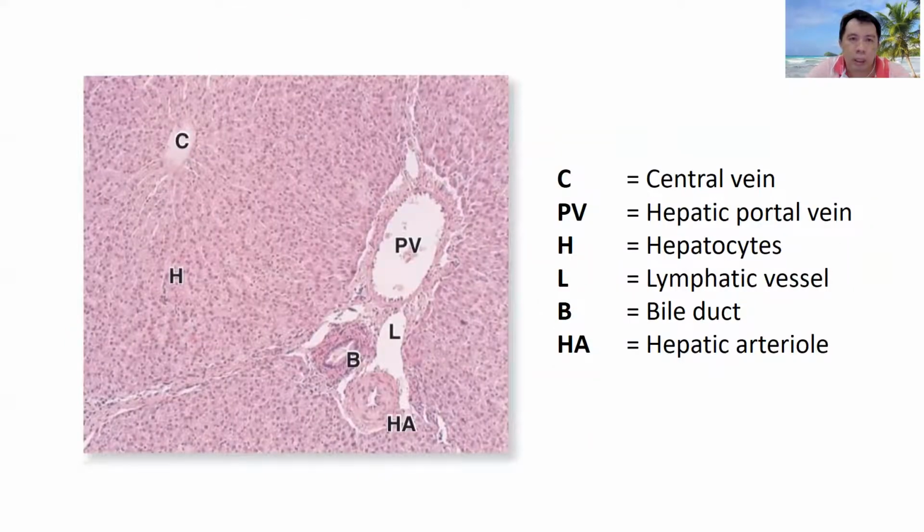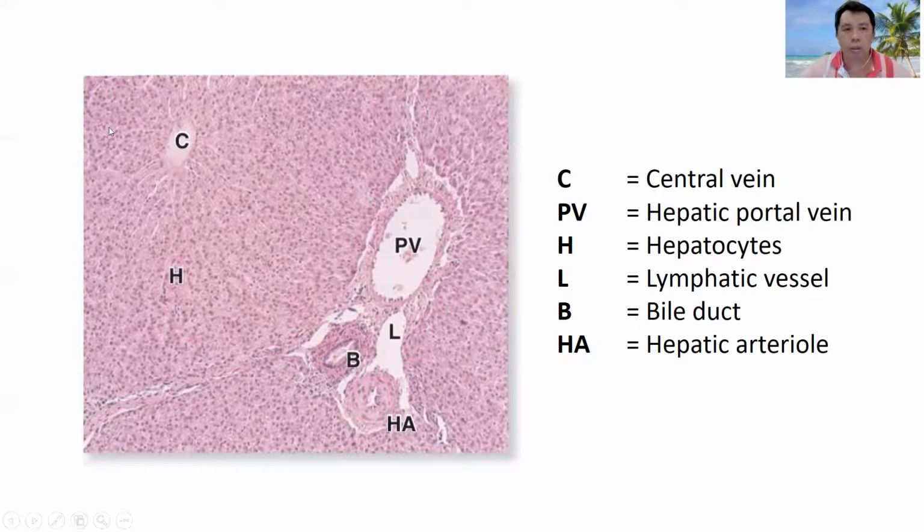Then this is the prepared slide of real liver lobules. First of all, you want to identify the liver lobule. You must identify the location of the central vein, because every liver lobule has one central vein.